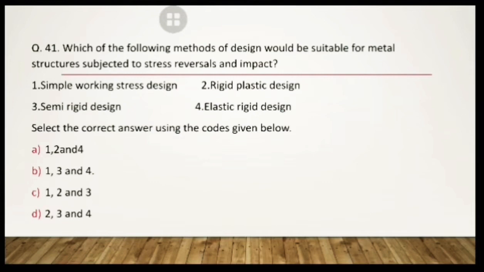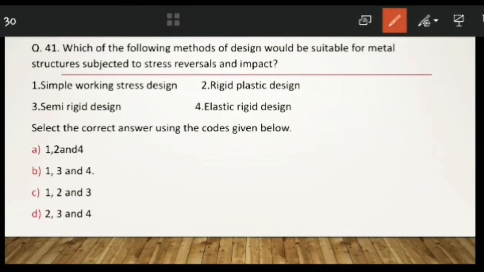So which methods do we use to calculate stress in reversal stress condition? Options given: 1, 2 and 4; 1, 3 and 4; 1, 2 and 3; 2, 3 and 4. Option 2 is your correct answer. 1, 3 and 4 we have taken for reversal stress.